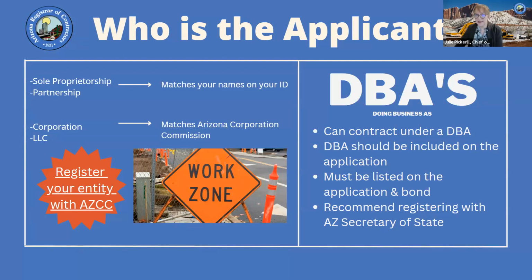So if you're going to use a DBA, it has to be included everywhere on your application materials. If you're not using one, that's perfectly fine. And again, we do recommend that you register a DBA with the Secretary of State, but you do not have to. However, if you are applying as a corporation or an LLC, even if you are applying from out of state, you have to register your corporation or LLC with the Arizona Corporation Commission.